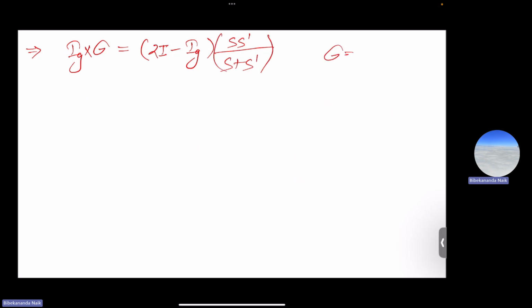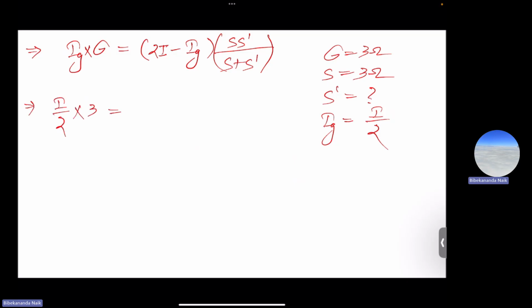We have G equals 3 ohm, S is again 3 ohm, S prime we need to find out, and Ig we have already calculated, it is I by 2. So it is I by 2 into 3 equals 2I minus I by 2, into 3S prime divided by 3 plus S prime.